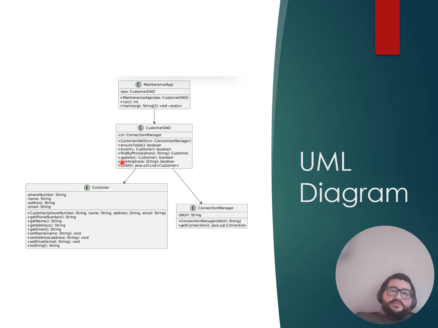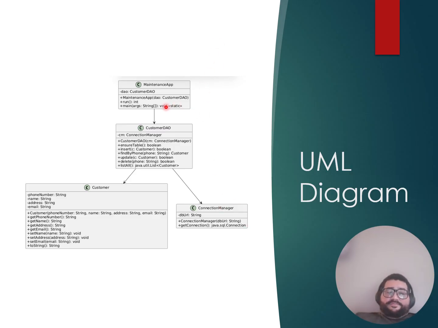So this is where we update anything to do with the table. And then these are going to set our attributes, our getters and setters for our customers, right? And then our connection manager is going to be our only static class. This connects us to our SQLite database.